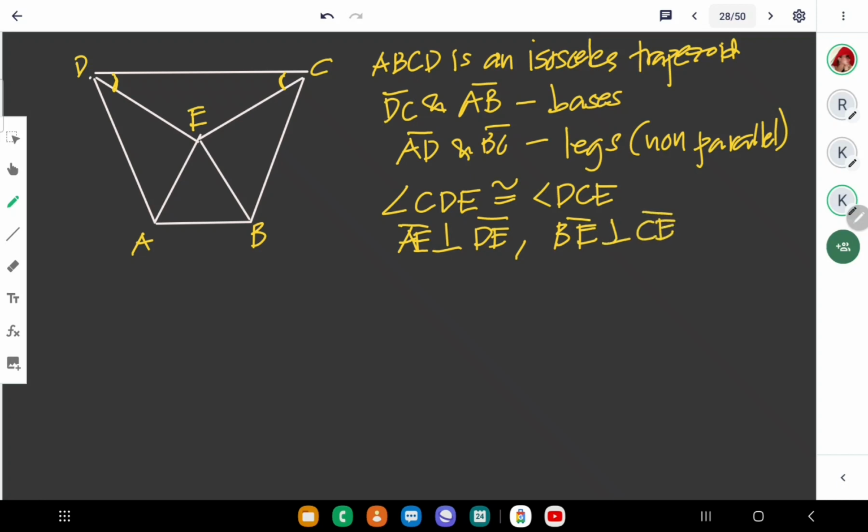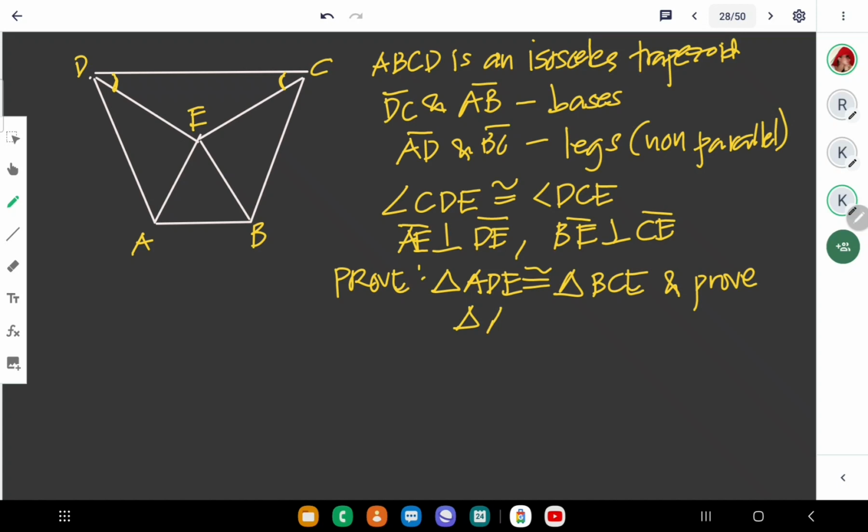So what are we going to prove here? Prove that triangle ADE is congruent to triangle BCE, and prove that triangle AEB is an isosceles triangle.